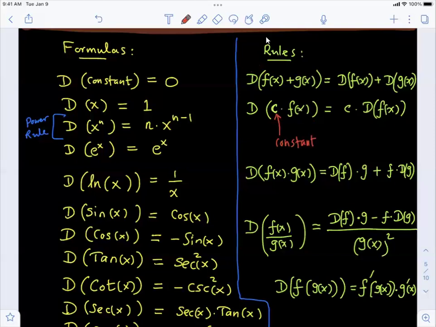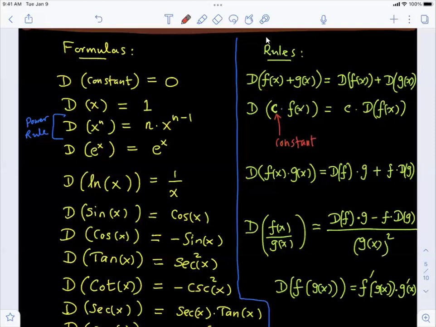In other words, when you have a constant multiplied by a function, this constant is not getting involved with the computations, therefore you can pull it out. Just pull it out. Now, can you see the difference between these two scenarios? The derivative of a constant alone is going to be 0. But the derivative of a constant multiplied by a function is going to survive based on the strength of that function.